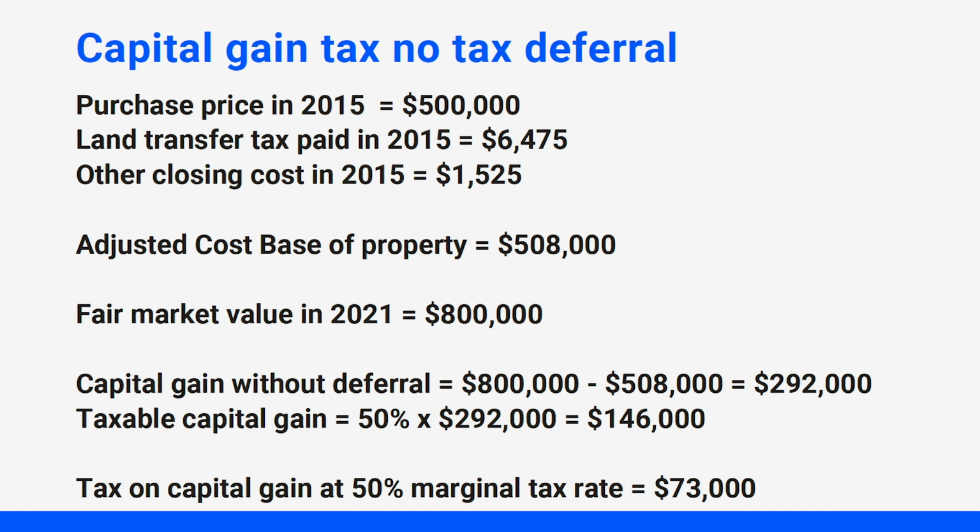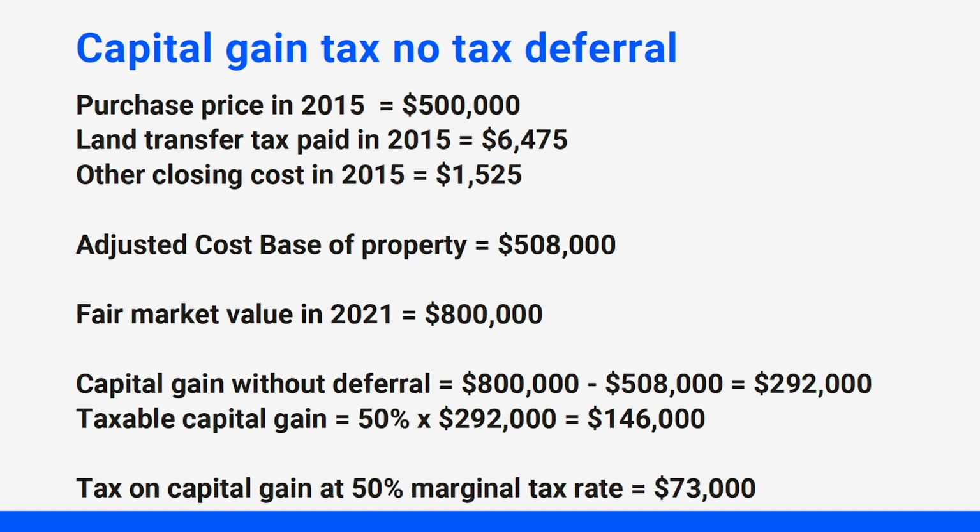Continuing on with the same example from before, you purchased a property in 2015 for $500,000. You incur land transfer tax and other closing costs for $6,475 and $1,525 respectively. The adjusted cost base of the property is now $508,000. In 2021, you decide to transfer the property to a corporation, and the property is valued at $800,000.